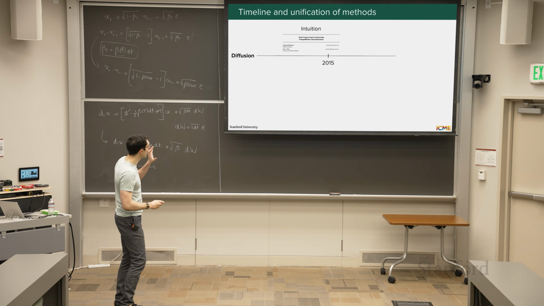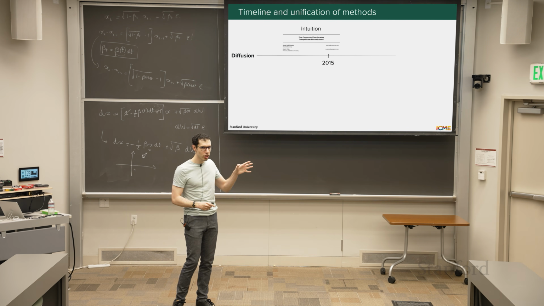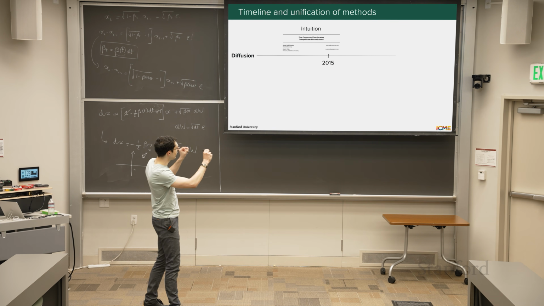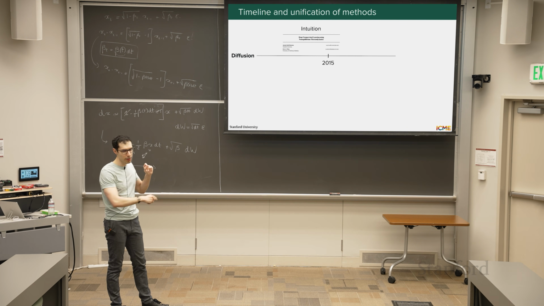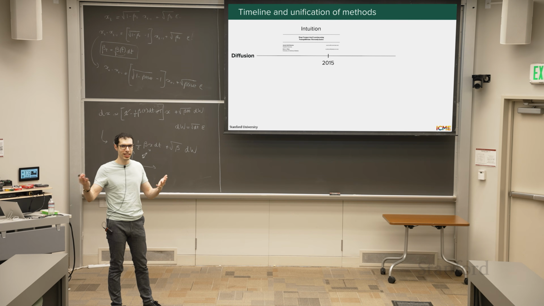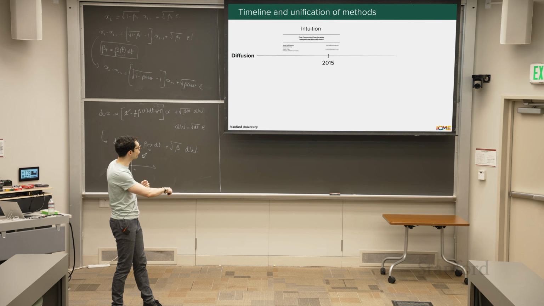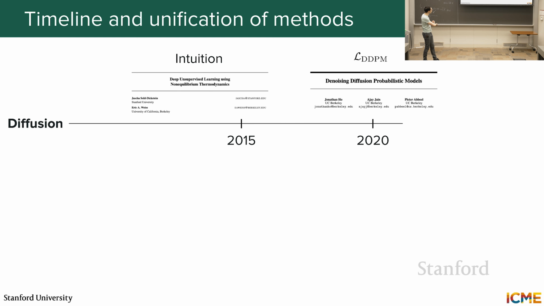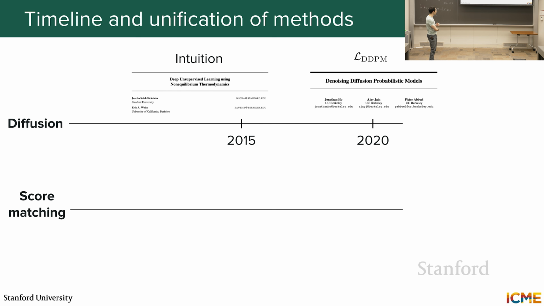So on the one side, the diffusion literature had this branch with a 2015 paper just describing how you can derive a tractable loss in order to solve the diffusion problem. And then you have the DDPM paper, which came out in 2020, that successfully applied that to images. That was on the one side.